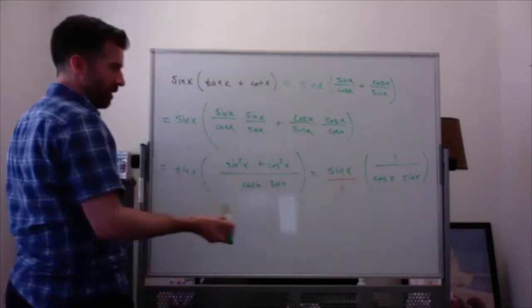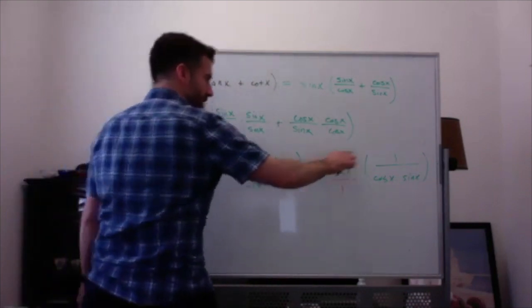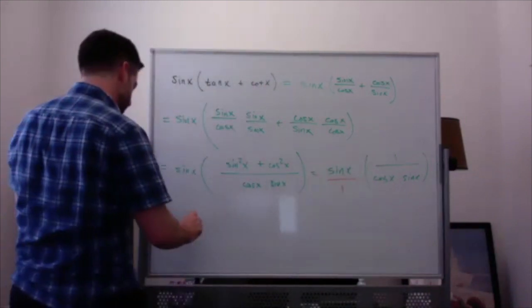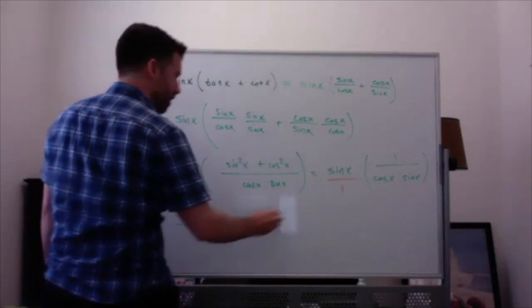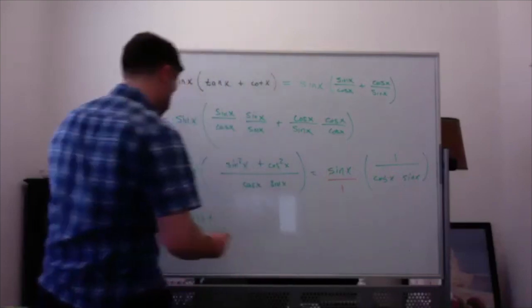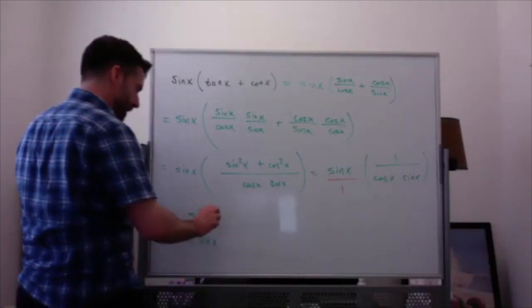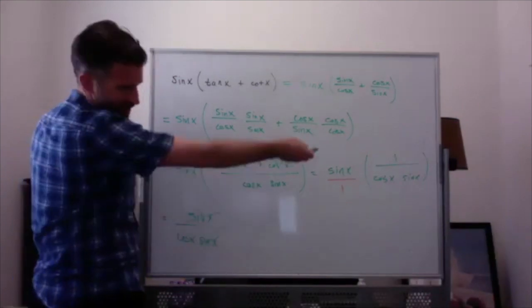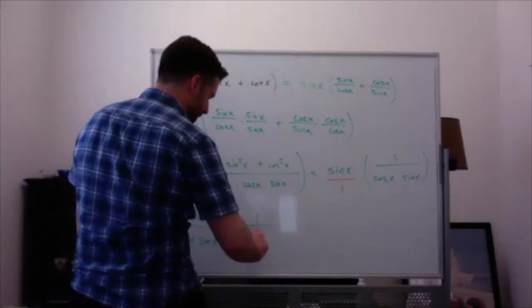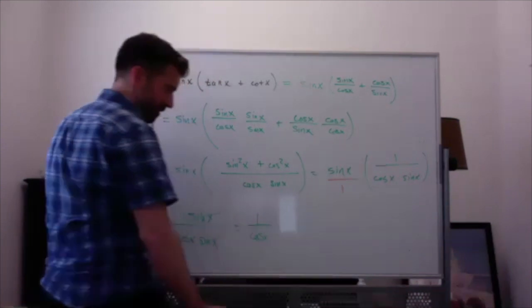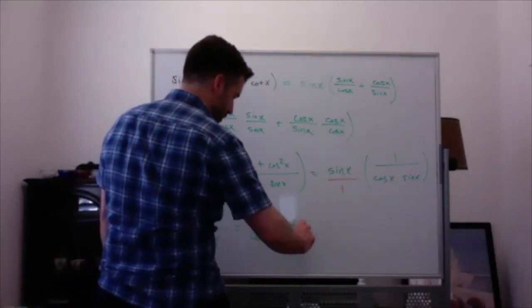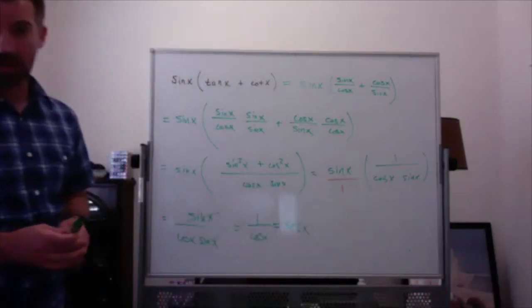And then if we multiply fractions together, sine of x times 1 is just sine of x. 1 times cosine x sine of x is just cosine x sine of x. And then we can cancel the sines. Either way, we get 1 over cosine x, which is secant of x.